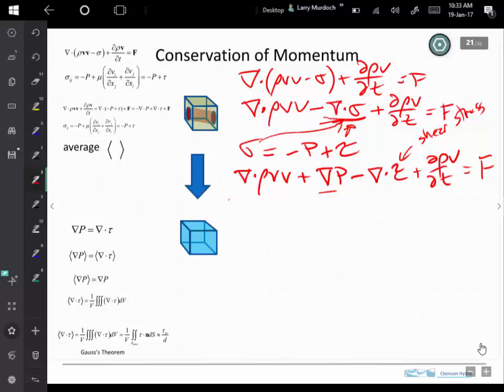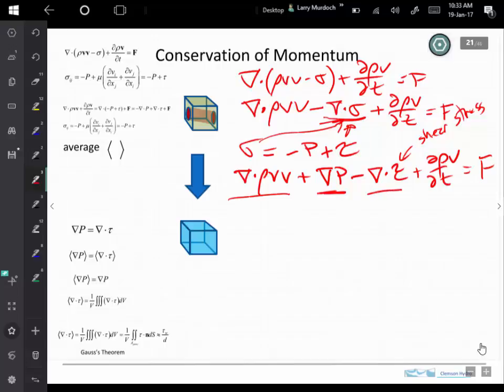This term is what's called the convective acceleration term. So this is how the momentum is changing as the fluid moves. If you have fluid converging, then the velocity will pick up, and that's a convective acceleration. This is a pressure gradient.